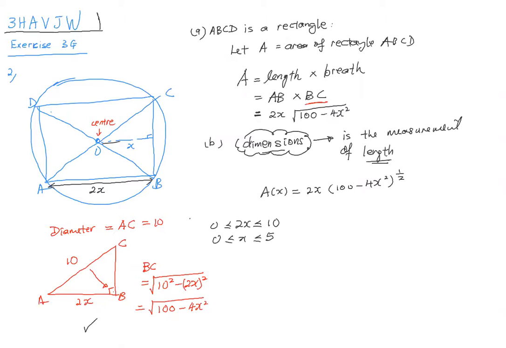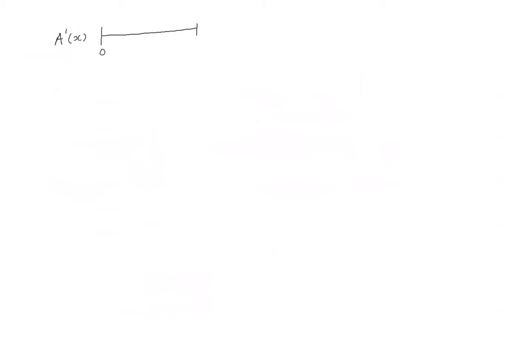So when you draw the sign diagram for this domain, you have to be very careful: 0 to 5. So this is 5 root 2 over 2. They want maximum area. So here is a plus, here is a minus. So you prove that. Then you talk about the dimension. We talk about AB.